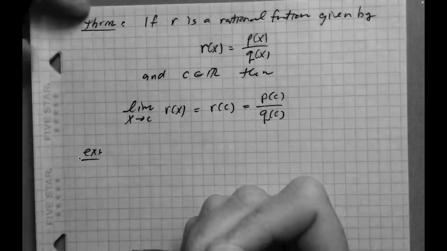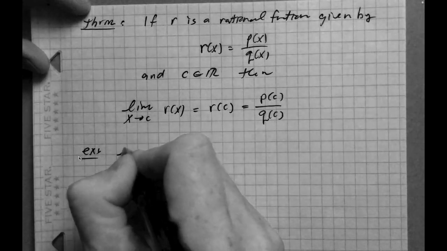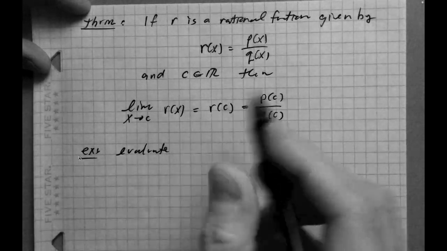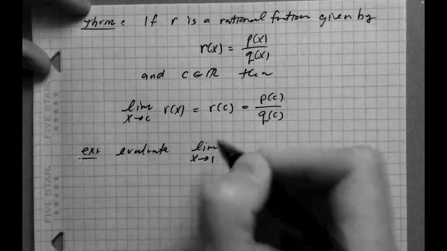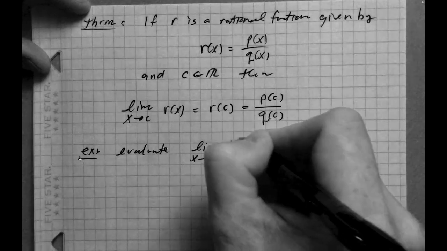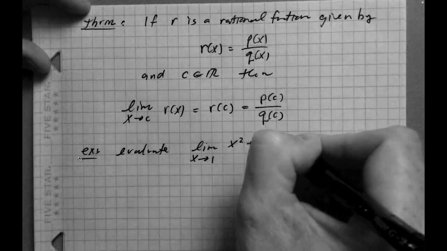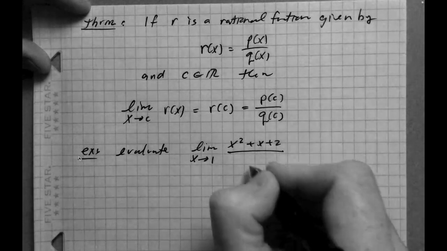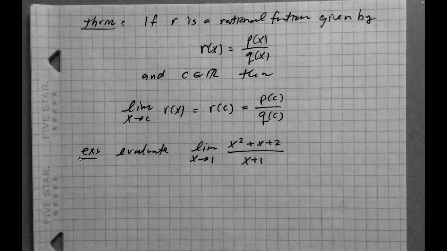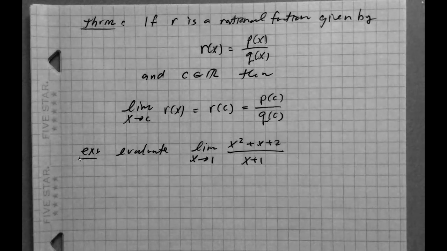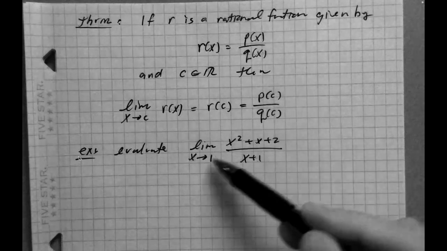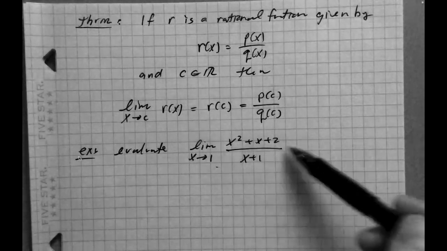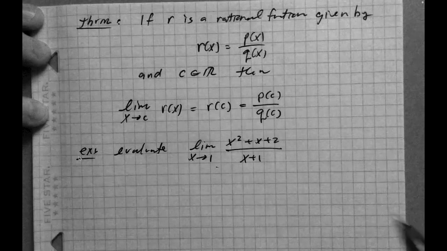Let's evaluate the limit as x goes to 1 of the following, x squared plus x plus 2 over x plus 1. Right, so a nice rational function here. Now we know that, well, look, polynomial is a rational function. The previous theorem says the limit is basically the evaluation of the function at the limit point.